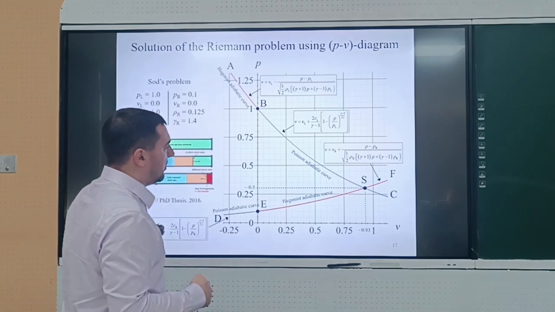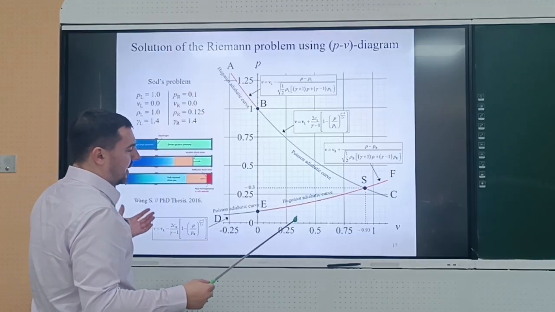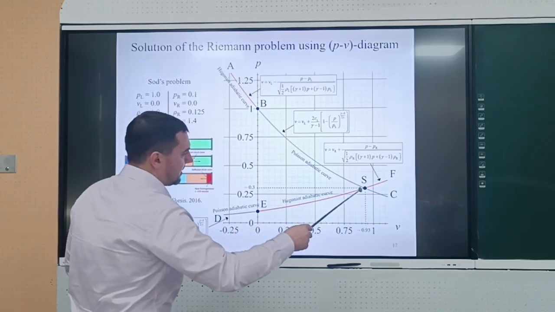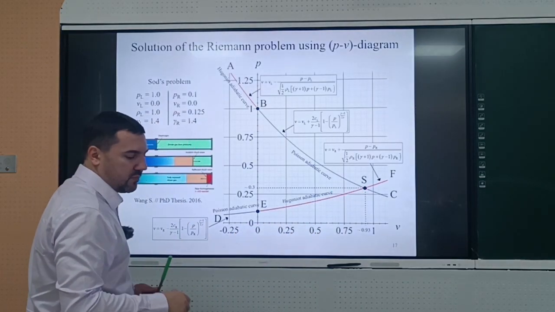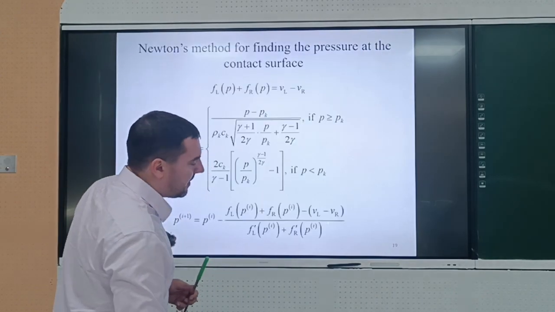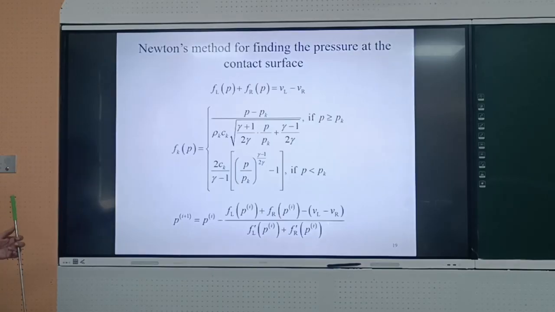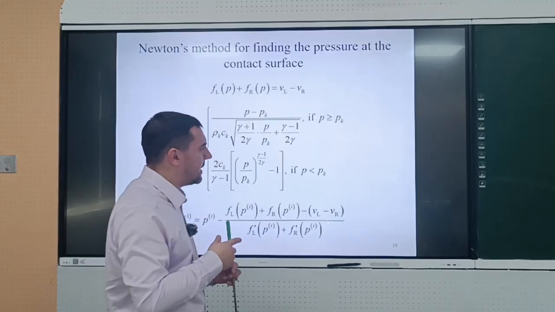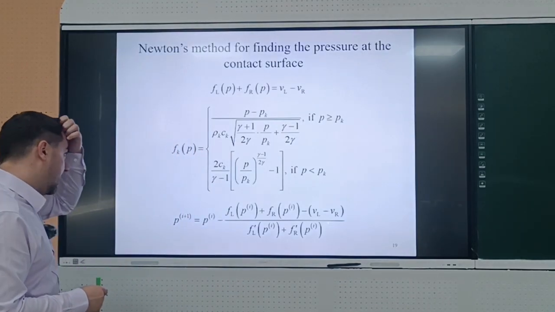So from a mathematical point of view, we should solve a nonlinear algebraic equation, because we have two curves that must be intersected, and we need to find the coordinates of this point S. Different numerical methods can be used for that. It's a topic of a basic course on numerical methods or calculus. We should just find the root of a nonlinear equation.